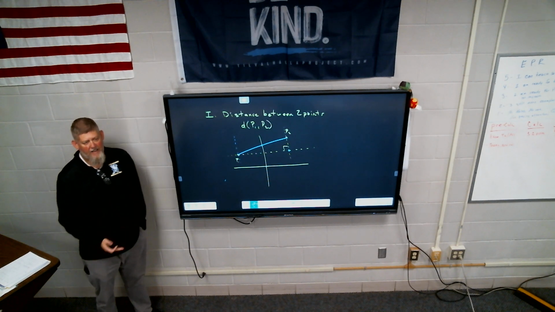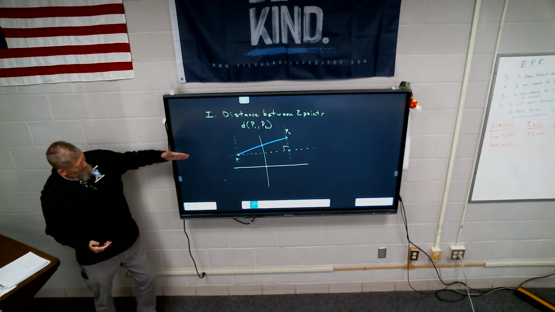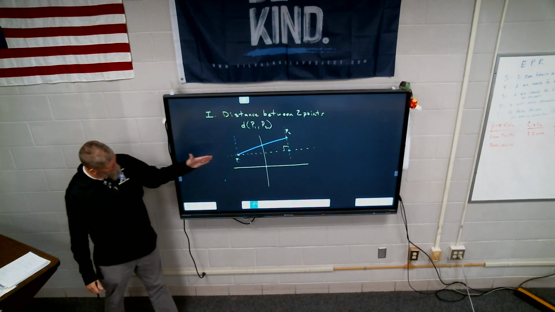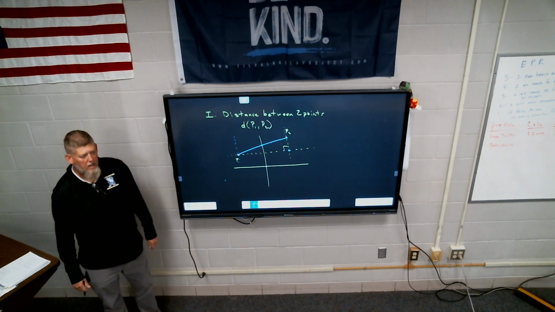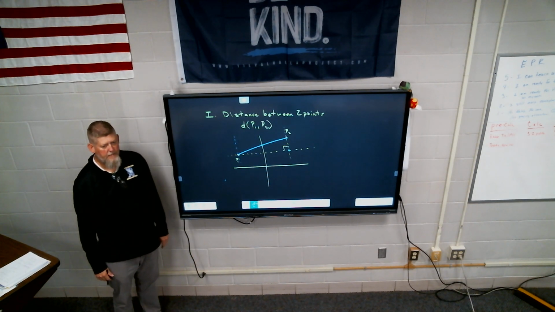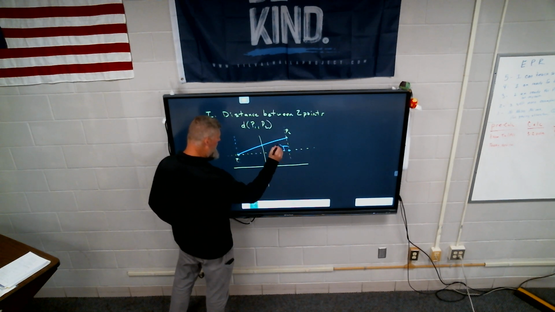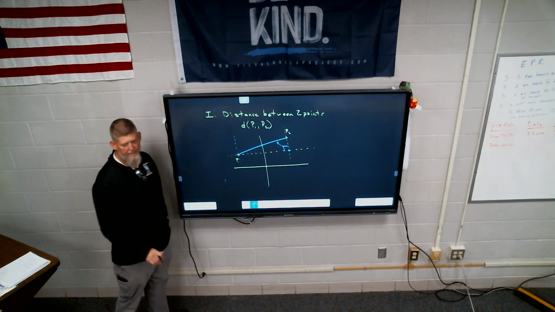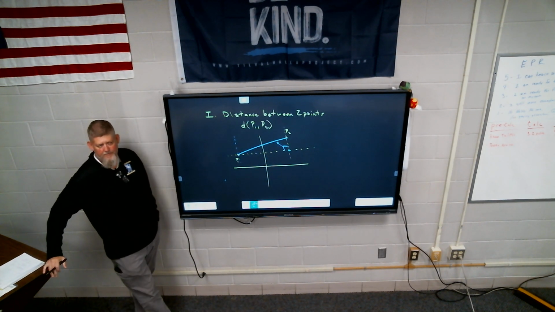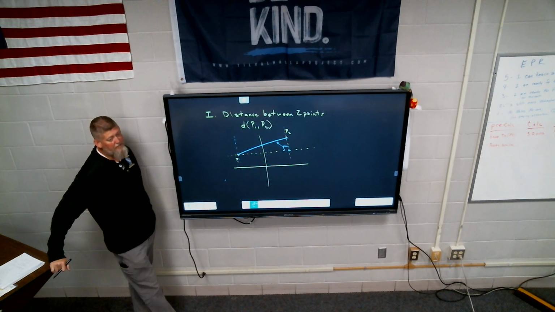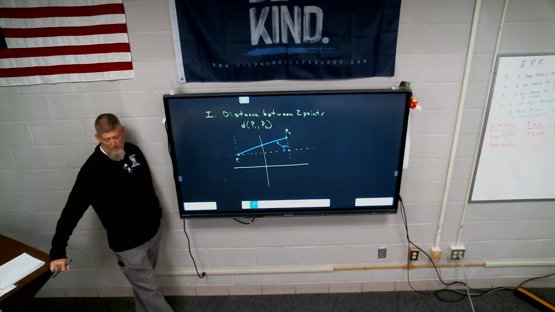How do I find that side of a right triangle? We have the right angle here, so opposite that, what do we call that side? The hypotenuse. And how do I find the length of the hypotenuse of a right triangle?